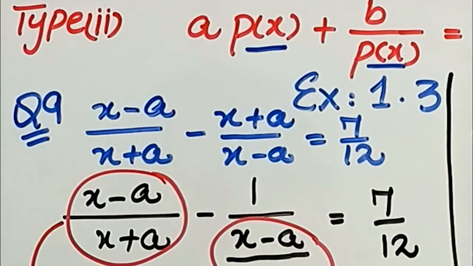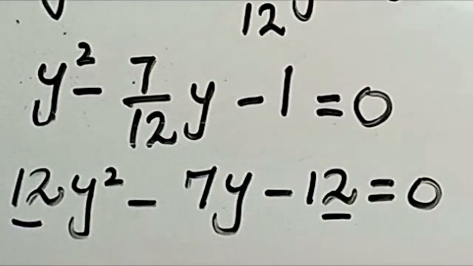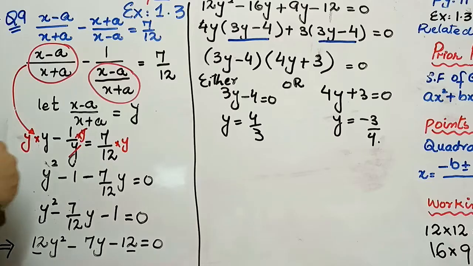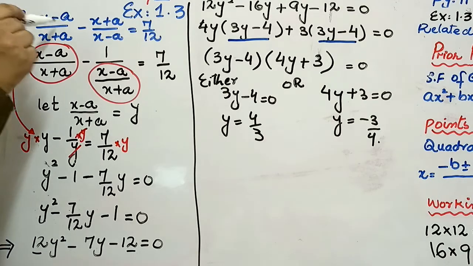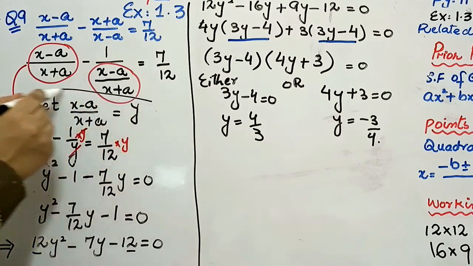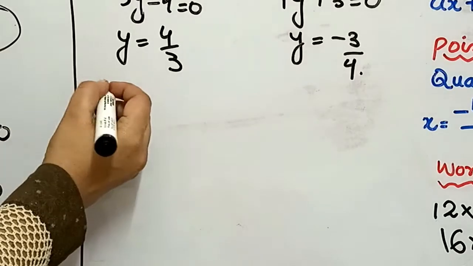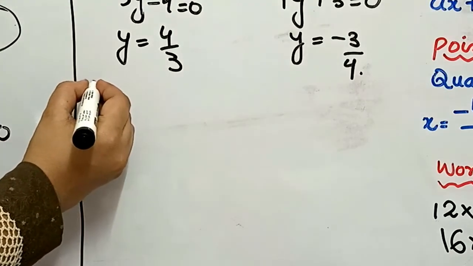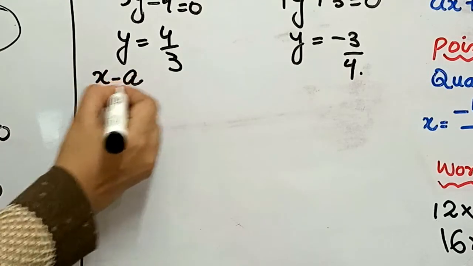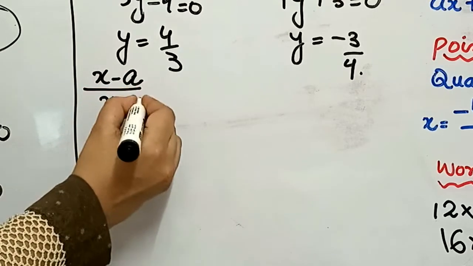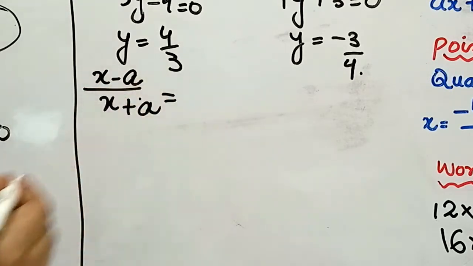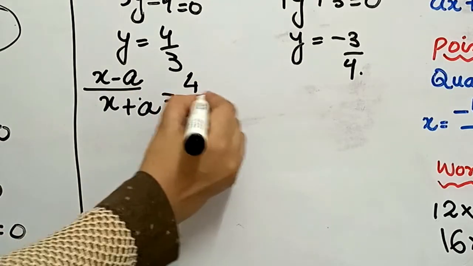But till here this is not the solution of this quadratic equation. We have found the solution for y, but now we have to find the solution by replacing y as x minus a divided by x plus a. So I am replacing y as x minus a by x plus a is equal to 4 by 3.